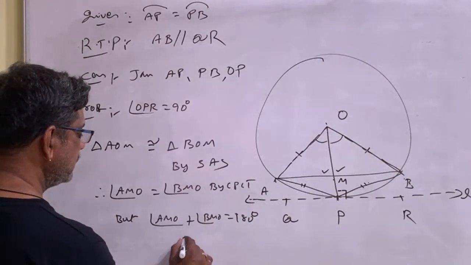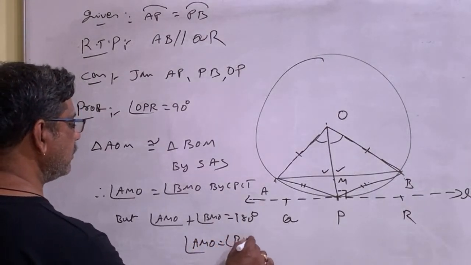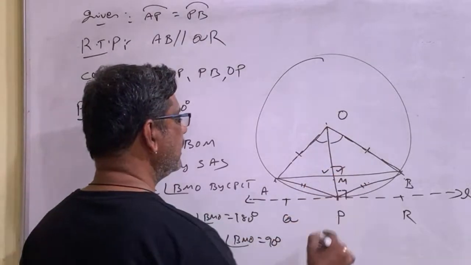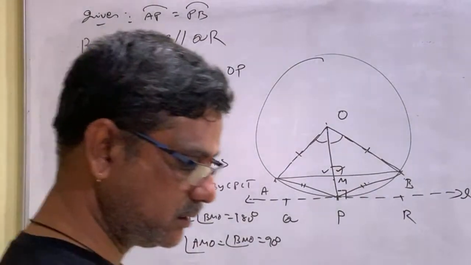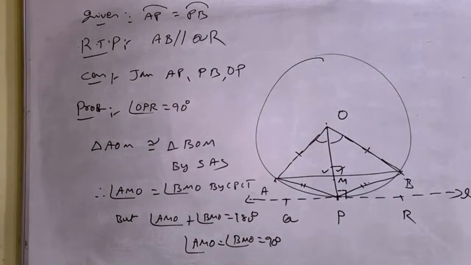That means angle AMO is equal to angle BMO is 90 degrees. That means this angle is 90. If a pair of corresponding angles are equal, the lines are parallel. Is that right, children?